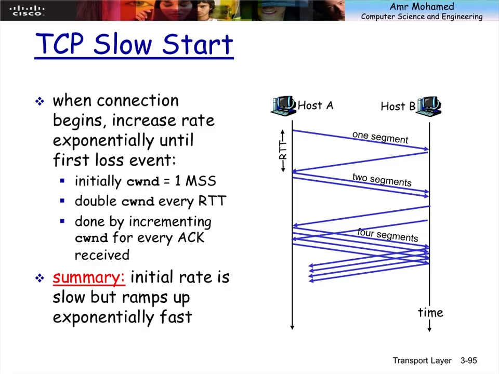So the congestion window becomes 4, which means that we can now send 4 segments. If everything goes well and we receive 4 acknowledgements, then this will become 8. So we start from a low number, but we actually move very fast. Okay? So when we begin the connection, we increase the rate exponentially.